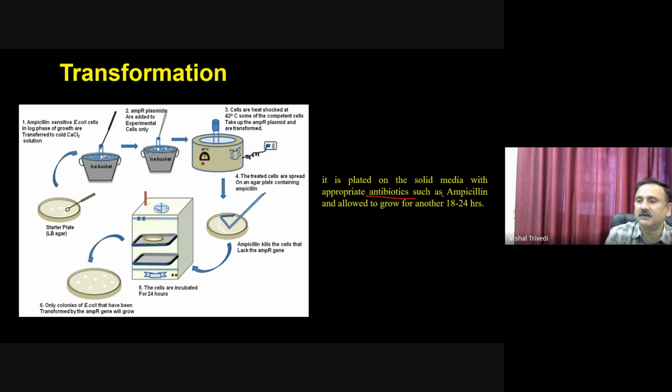In this case, for example, you can use ampicillin, and then you allow these to grow for 18 to 24 hours. Because you have added the selection marker, only the recombinant DNA containing cells are going to grow. The normal host, like the normal E. coli, will not grow because it does not have the resistance. And ultimately, you're going to get the colonies.